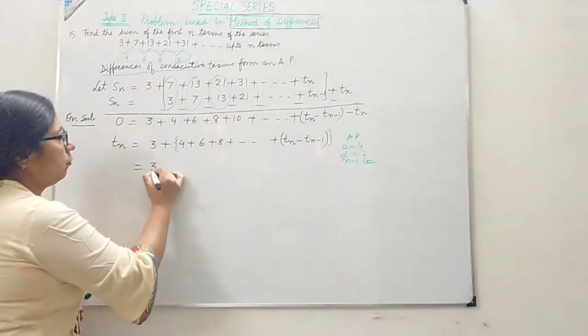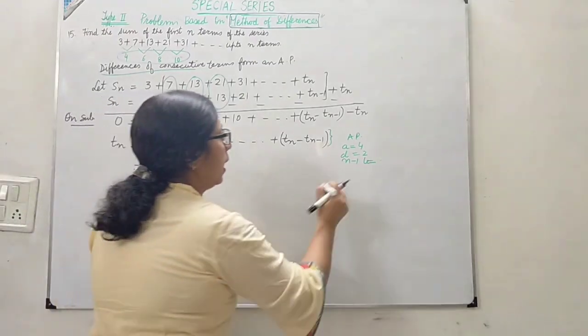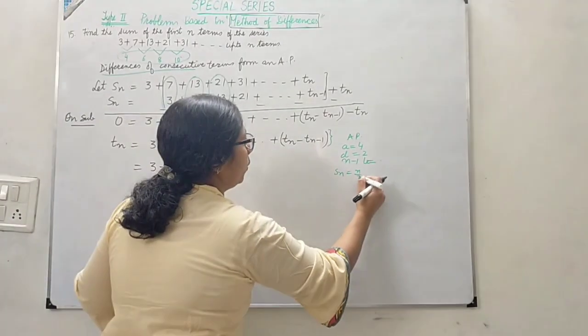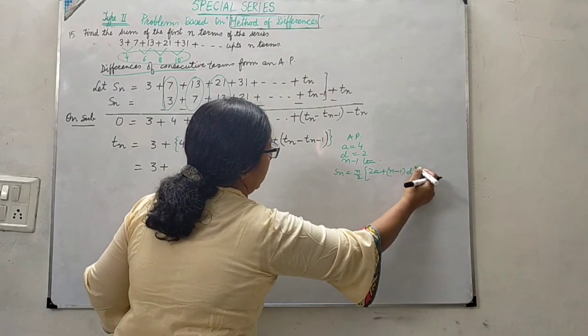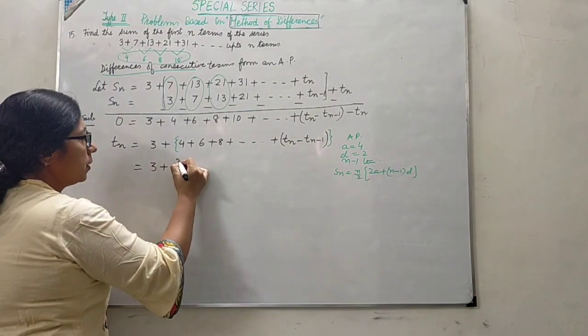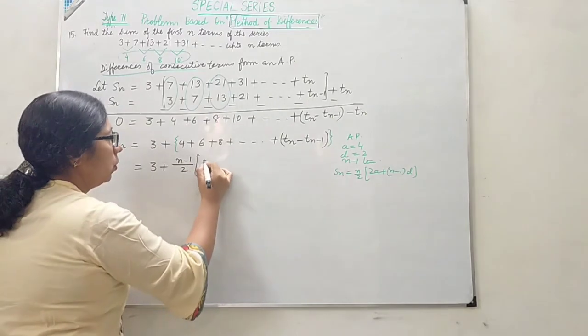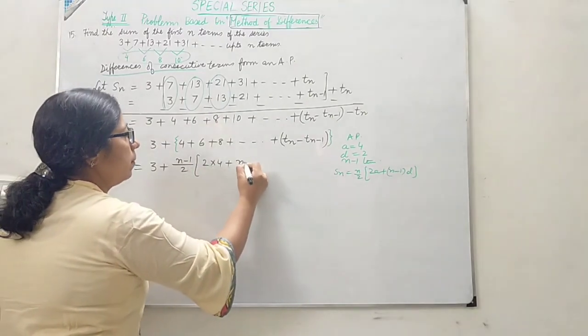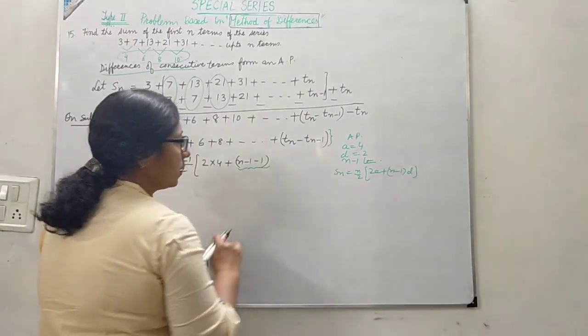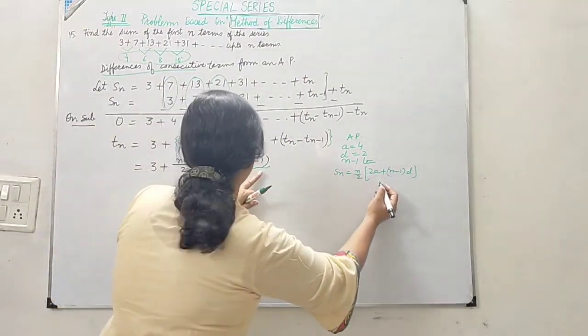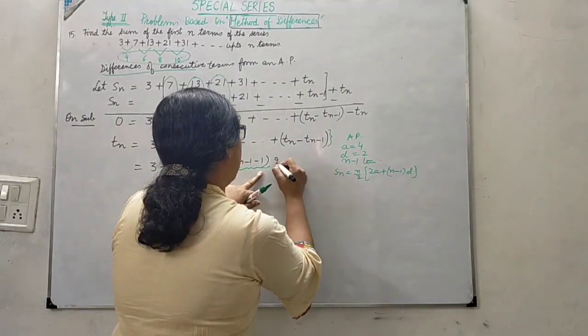Now I apply the formula for Sn, and that is your n by 2, 2a plus n minus 1 into d. So if I apply here, this is n minus 1 by 2, 2a plus n minus 1 minus 1. Please note it down, there is always a mistake by some students over here. Into d is your 2.